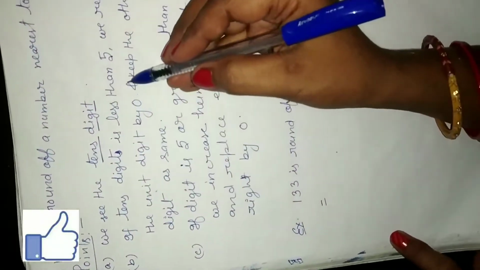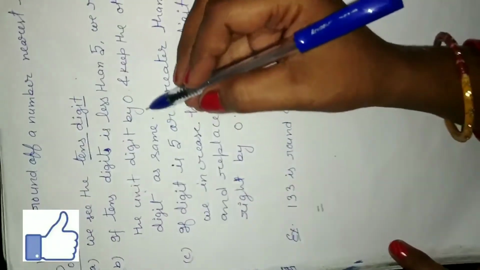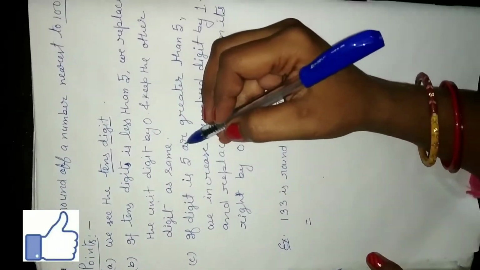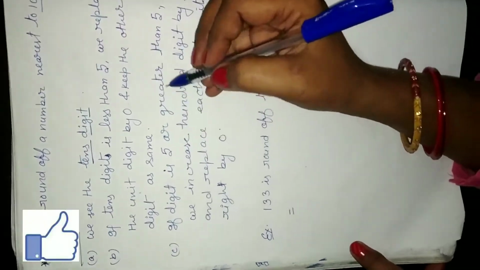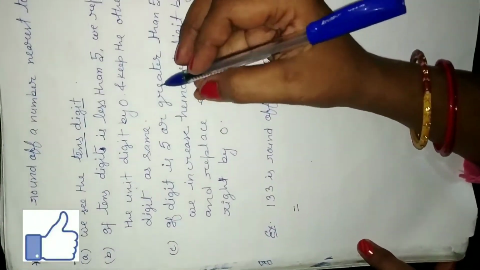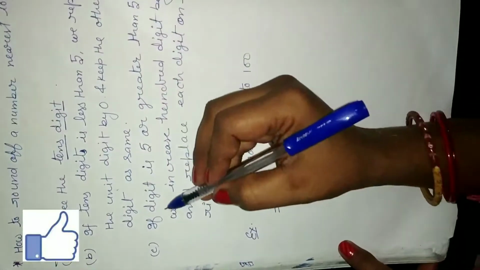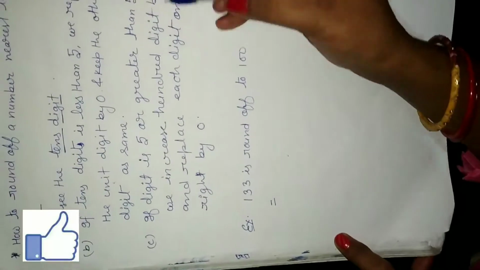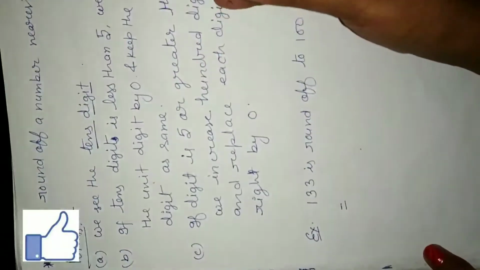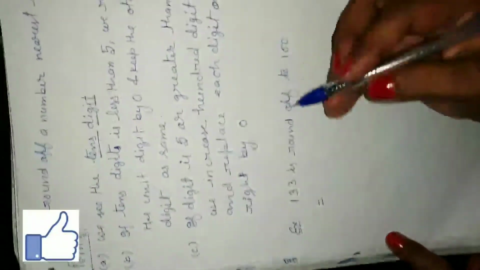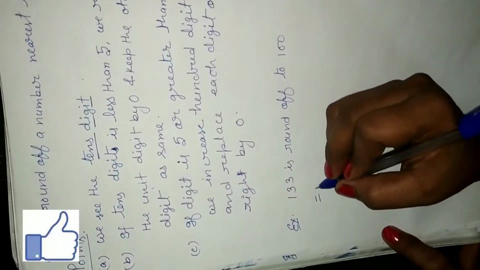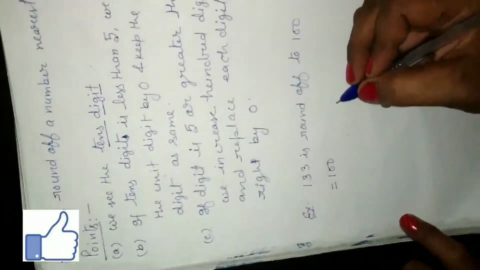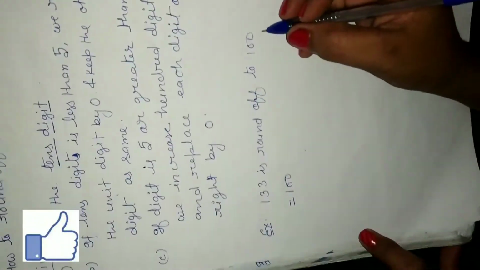If the tens digit is less than 5, we replace the unit digit by 0 and keep the other digits the same. But if the tens digit is less than 5, we replace the unit digit by 0. So 130 rounded off to the nearest 100 is 100.